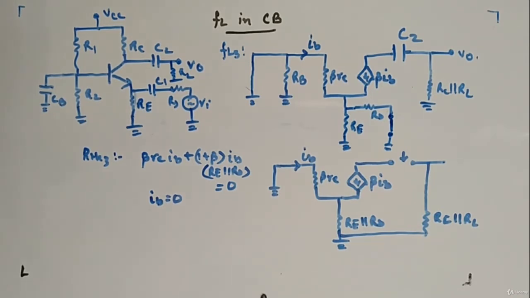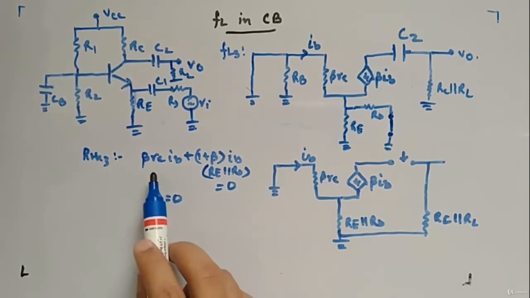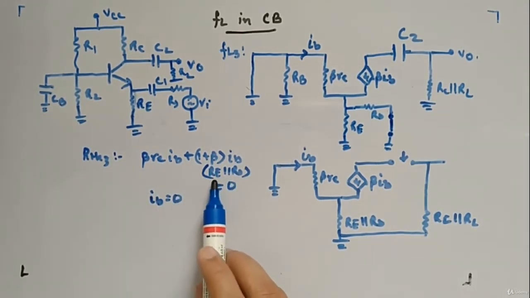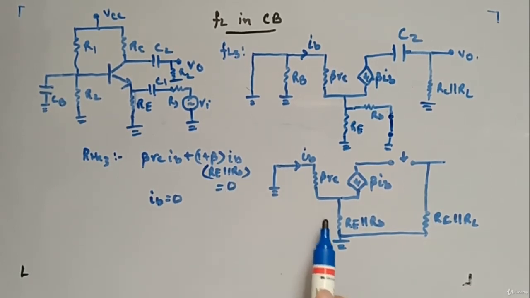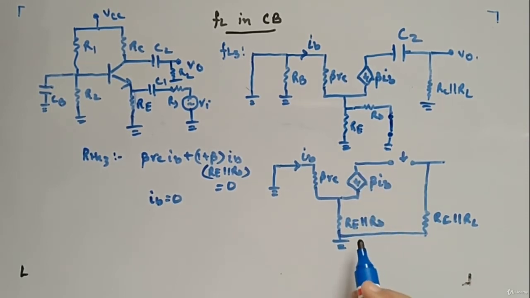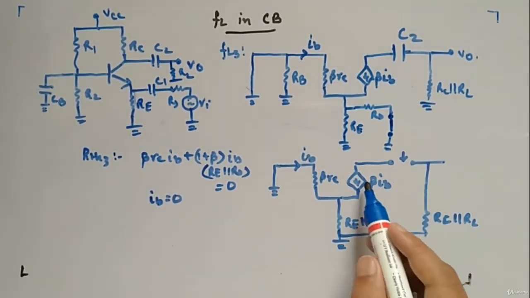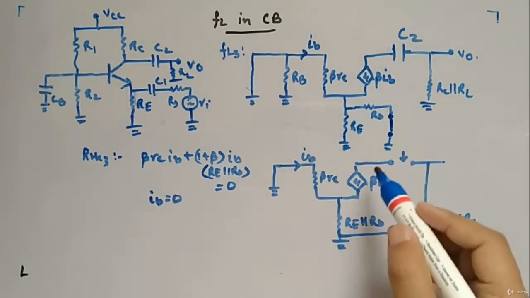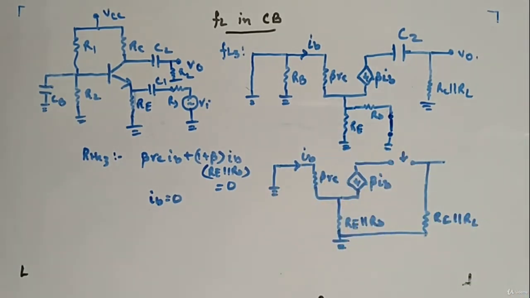Second, if you apply KVL in the input loop, you will have beta RE IB plus 1 plus beta IB into RE parallel RS, the drop across this plus the drop across this equal to 0. From here you will get IB equal to 0. This is a current source, so it will be open. It is open, and it is in series with these two parallel combinations, so overall it will be open.